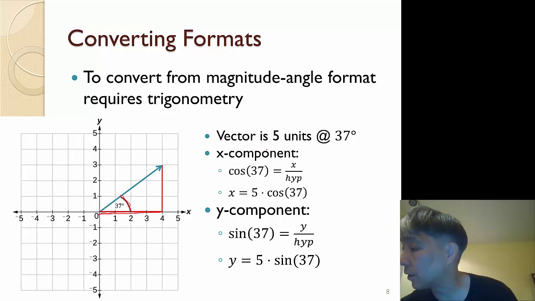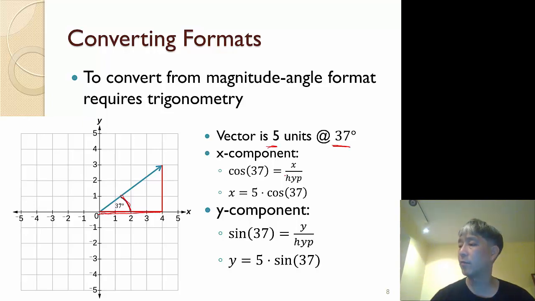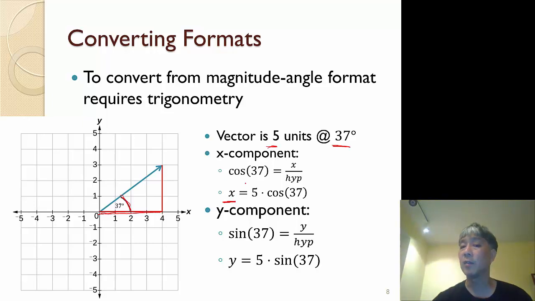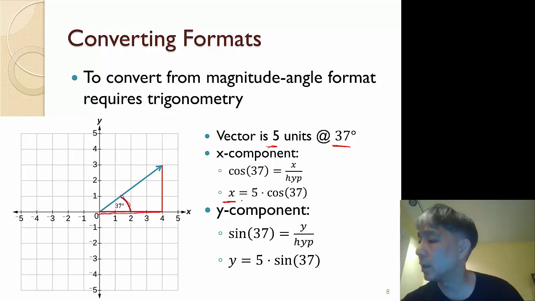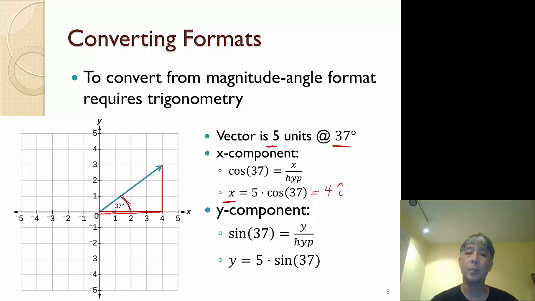So here's my magnitude of 5, and here's the angle of 37. Doing a little bit of algebra from the cosine formula, I end up with my x component, the one that would go in front of the i hat, is going to equal 5 times the cosine of 37, or in this case, 4, and let's write the i hat in there.